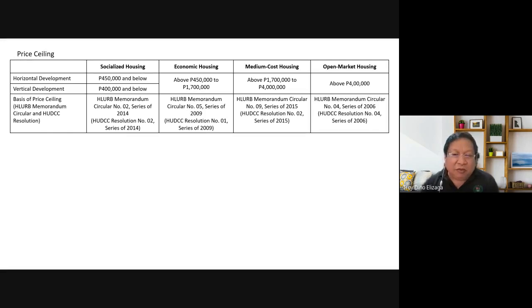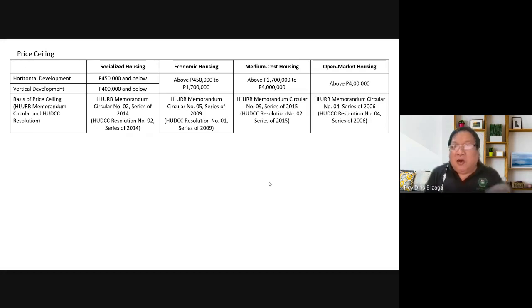But what I'm going to present now is also what I presented in my design class after that plenary meeting, which I entitled Horizontal and Vertical Development Guidelines, but it applies more for horizontal development. Okay, so in the slides, you can see there are four types of housing, depending on the cost of the house being built.